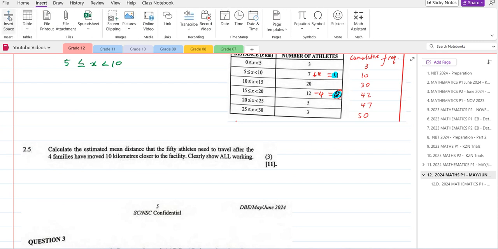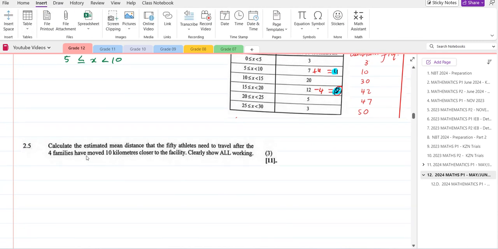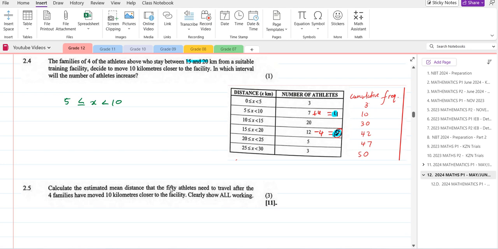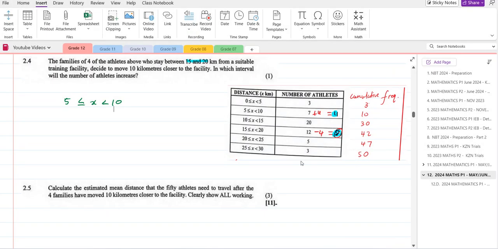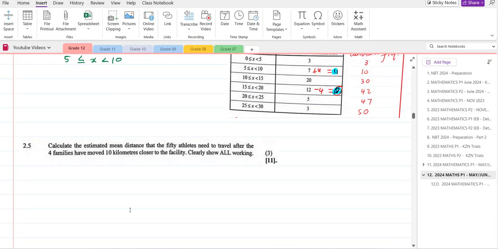Next question, what we have here is calculate the estimated mean distance that the 50 athletes need to travel after the 4 families have moved 10 kilometers closer to the facility. Clearly show all working. So we want to calculate the estimated mean of this new data here. So let me just copy and paste it here now for you.